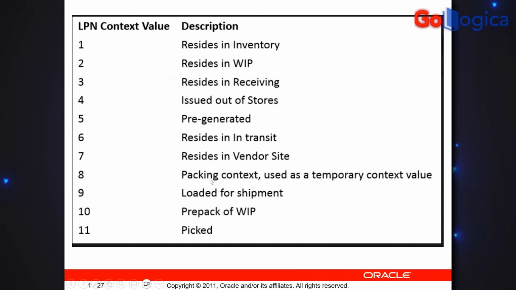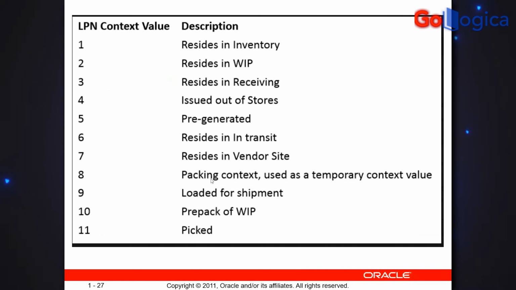Most of the time in WMS, one thing that comes up for troubleshooting is that some LPN will show as packing context, and the user might not be aware what needs to be done. Whenever there is support, the consultants will check the LPN context, and when it shows context 8, or packing context, this is a temporary context value that Oracle defines against an LPN.